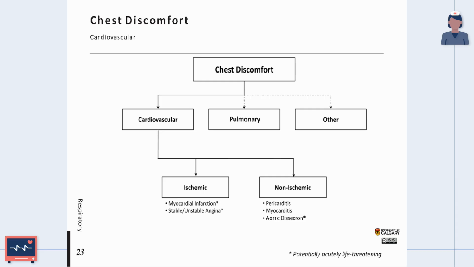This Calgary Black Book differentiates it as cardiovascular, pulmonary, and other. Within the cardiovascular, we really should be thinking of it as, do we have ischemic chest pain or non-ischemic chest pain, and the differentials within those.